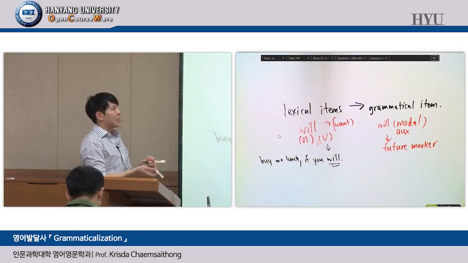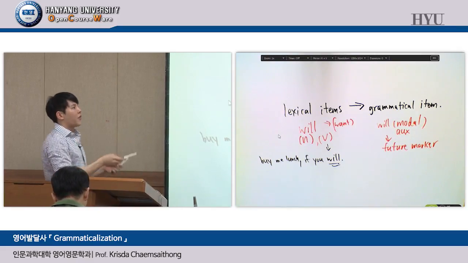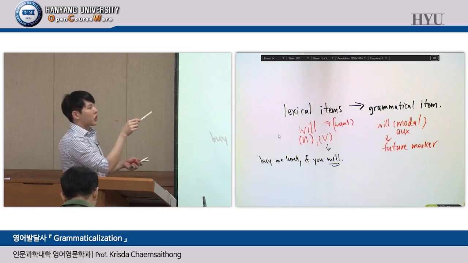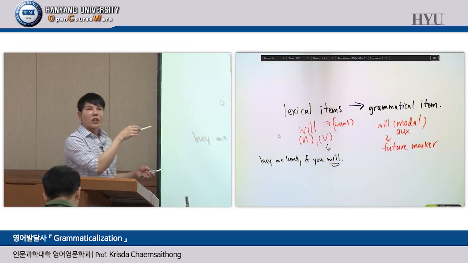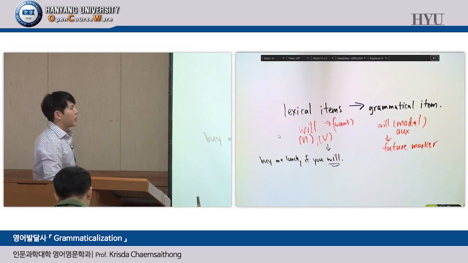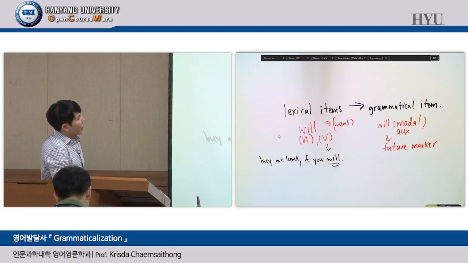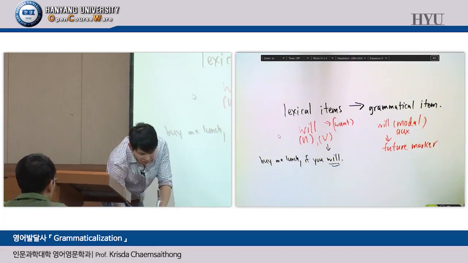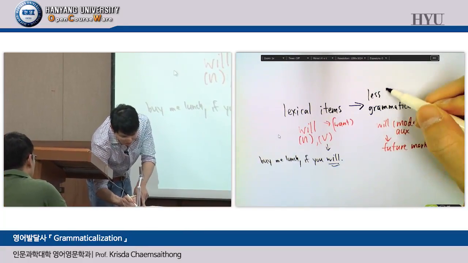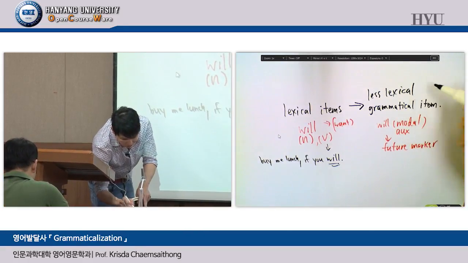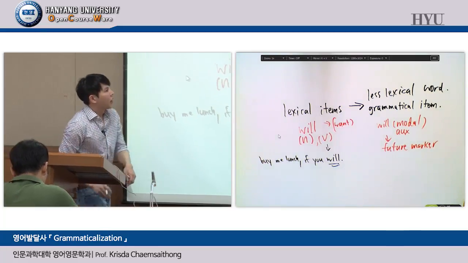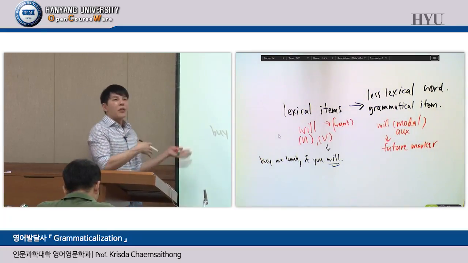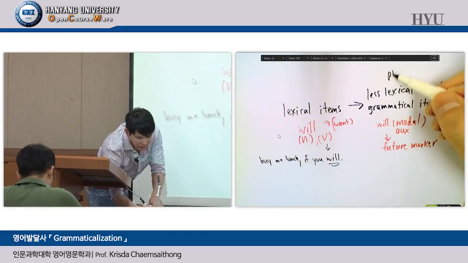So grammaticalization explains this kind of shift from a real word to a grammatical marker, right? Future marker. Grammatical item or less lexical word. For example, from noun or verb to prepositions.